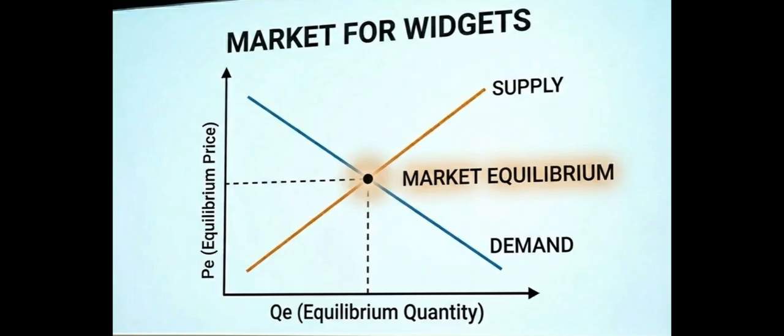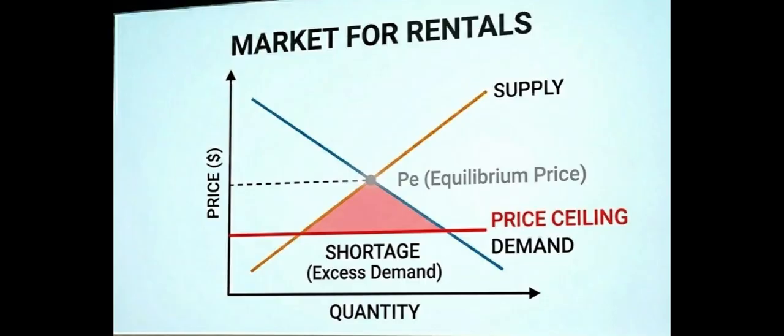This zoom in effect highlights the unique intersection of PE, the equilibrium price, and QE, the equilibrium quantity, where the market clears and prices are stable. The stability is visualized by the soft glow that you can see at the intersection, pointing directly to the intersection point.